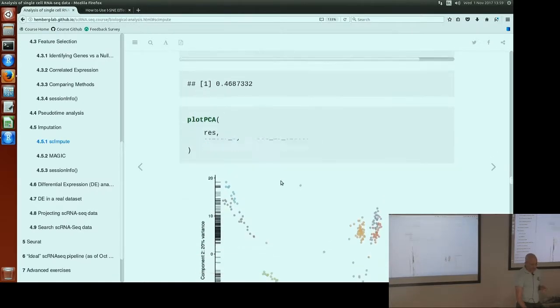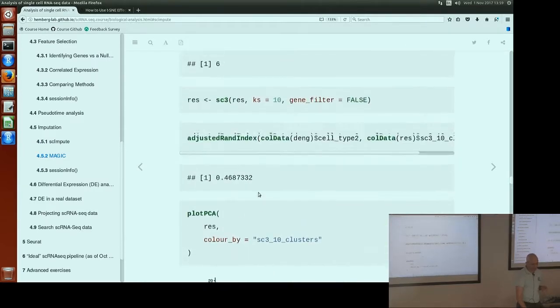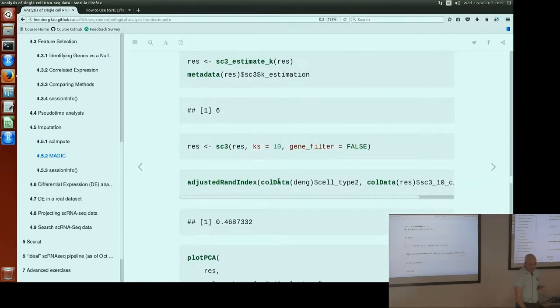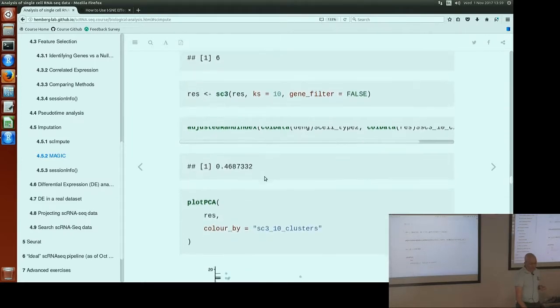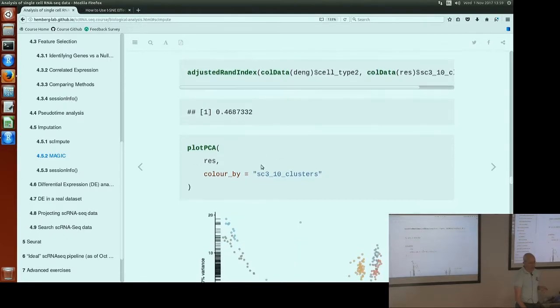And we can see why this is. We can't see it anymore because we don't have the similarity matrix, but if you plot the similarity matrix, you will notice what has happened to it because of this imputation.